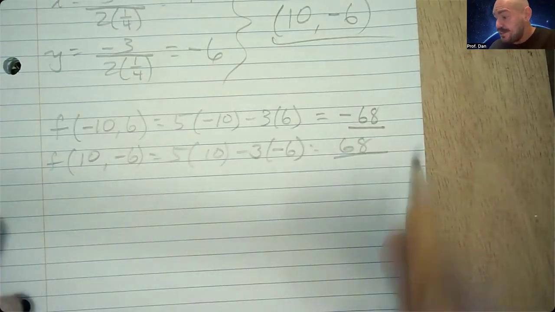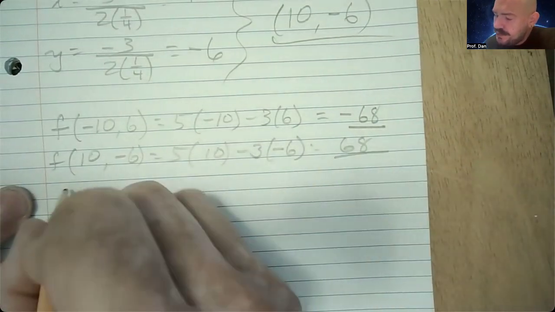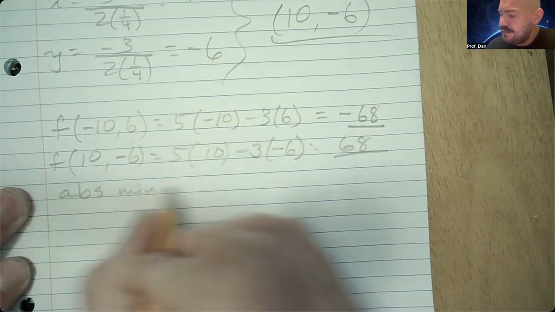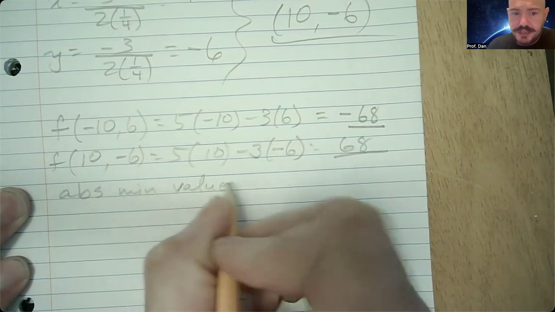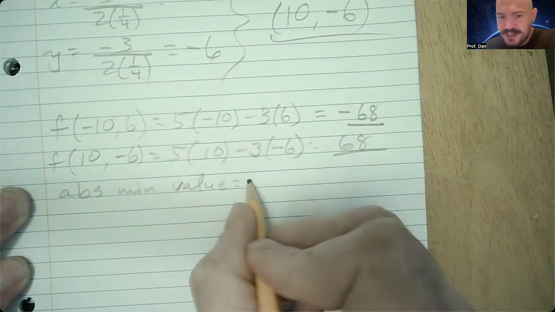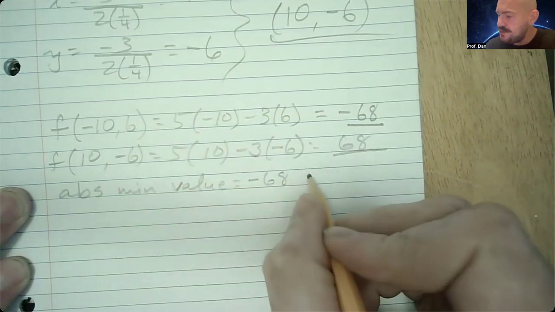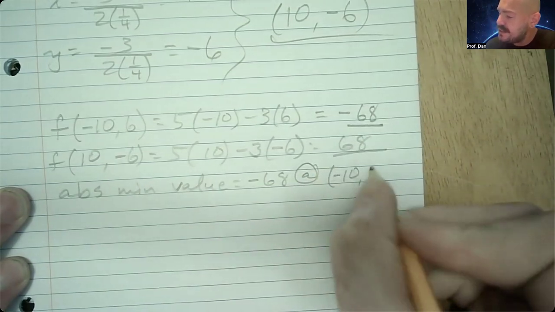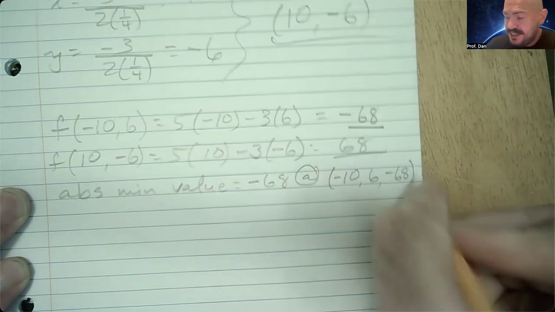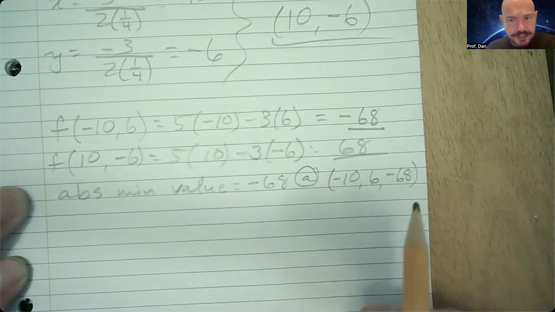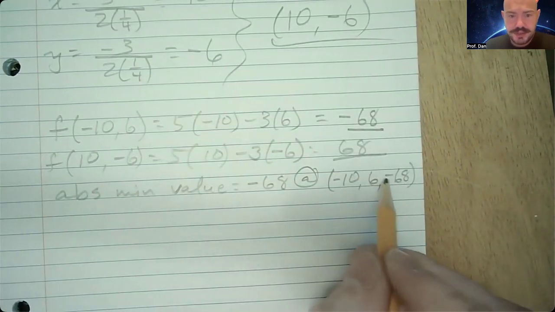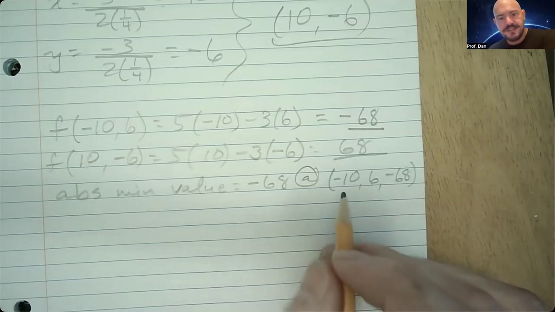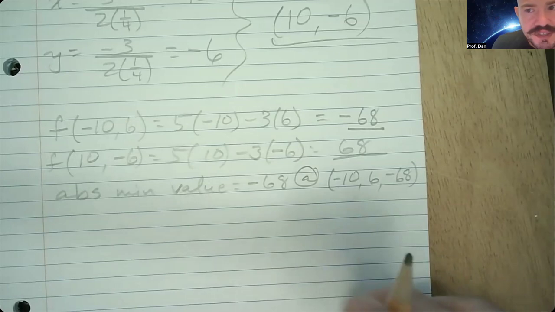So again, for clarity's sake, we'll say that the absolute minimum value of Z would be equal to -68, and this will occur at the coordinate (-10, 6, -68). So this is the exact location on the three-dimensional surface where we have that absolute minimum. So that's the exact coordinate on the wonky potato chip.